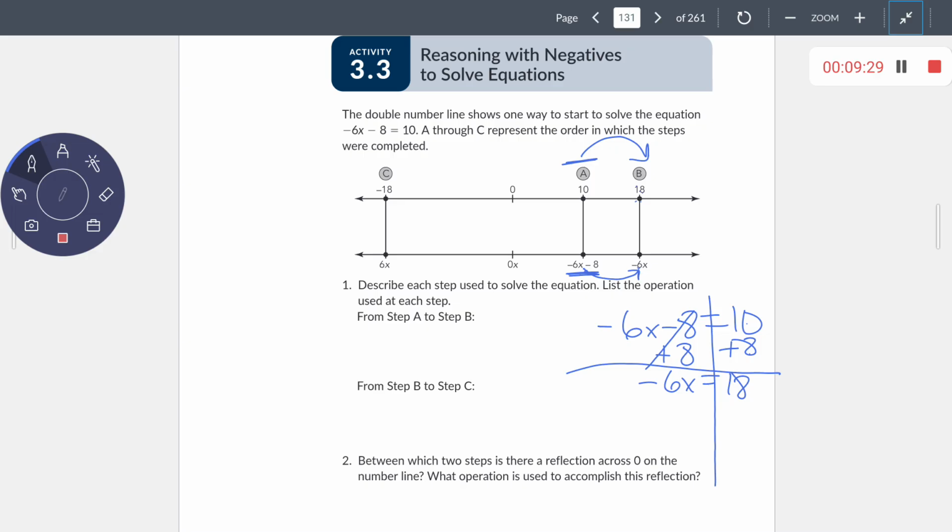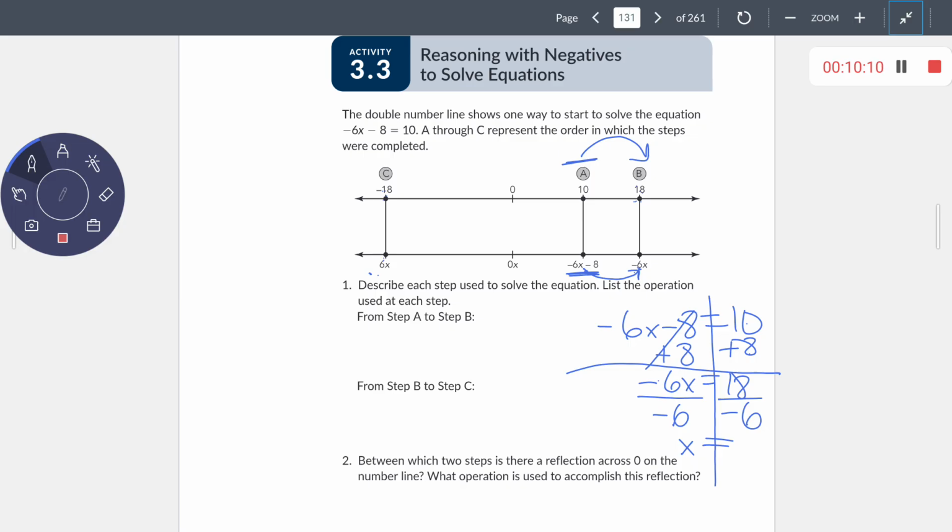I am multiplying by negative 1 to make it positive, or in this case, I am going to divide by negative 6 to make the x a positive. I'm not saying that correctly. I'm going to divide these by negative 6 to make the x a positive. So what they did is they basically reflected this. Okay, they reflected this. It's right here.